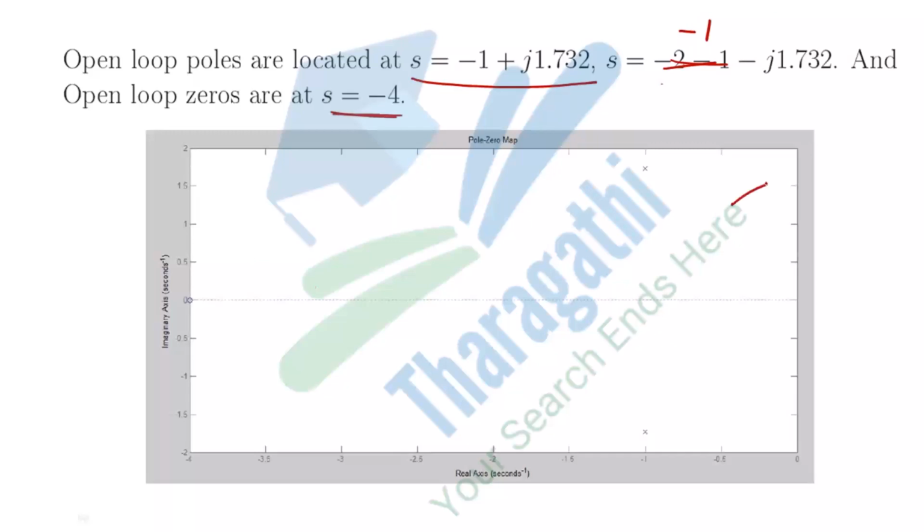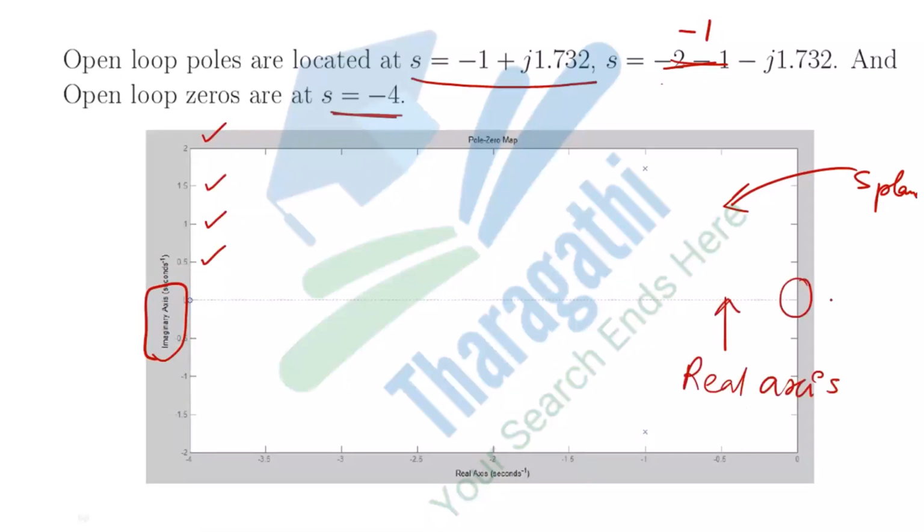So this is the s plane and this is the imaginary axis, with points j0.5, j1, j1.5, j2, and this is the real axis. This point is 0, here is minus 1, and this is minus 4.